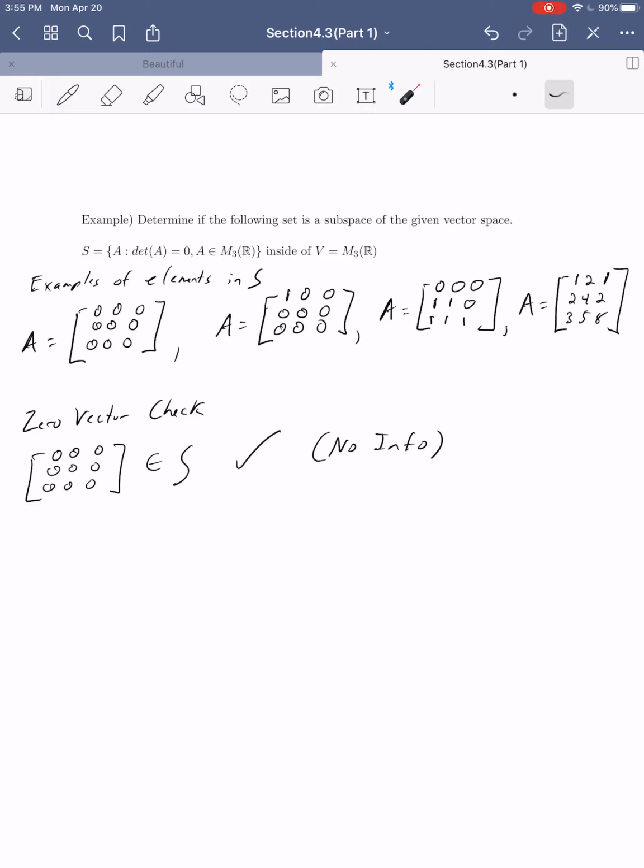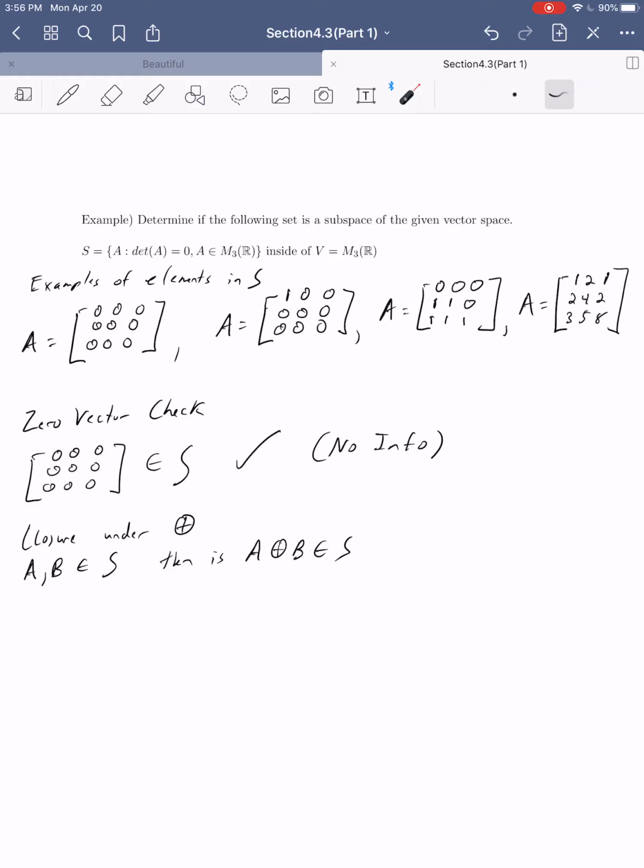All right, so let's now think a little bit about closure under addition and scalar multiplication. If we know that the determinant of one of these elements is 0, do we know then that the determinant of the sum of two of these matrices is going to be 0? In other words, let's talk about closure under addition here. If A and B are elements of S, then is A plus B going to be an element of S?